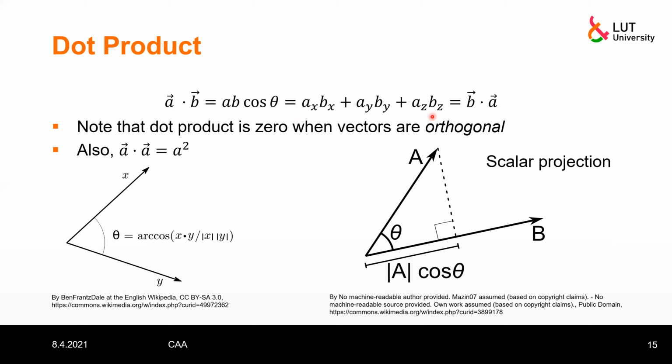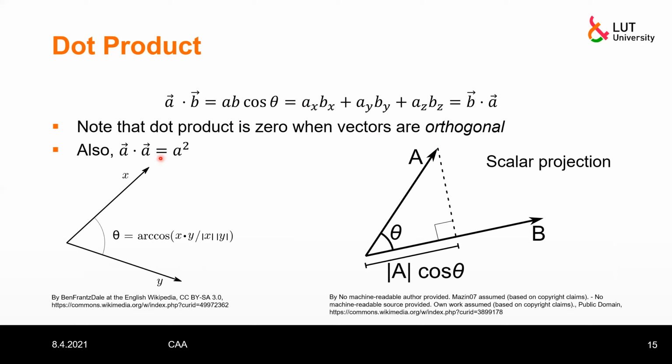Here is the equation when we use coordinates, and we can see that the dot product is commutative. One of the things that are important for us: the dot product is zero, so equal to scalar zero, when vectors are orthogonal, perpendicular to each other, because cosine of pi half, for example, is equal to zero.